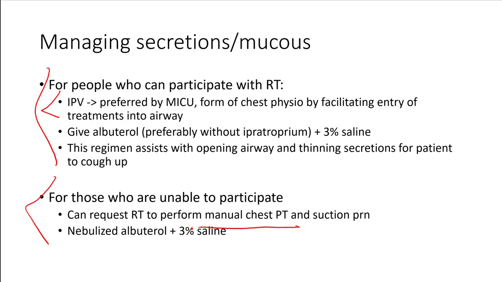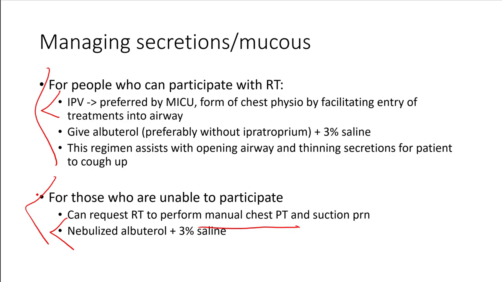The RT will come and pound on their back and try to loosen up the secretions. They may also try deep suctioning through the nose to get down into the trachea and get out mucus. But I still use the same treatments in this population. The IPV, that mode of delivering the treatments, is only if you can follow commands. So these people would need nebulized albuterol and 3% saline.